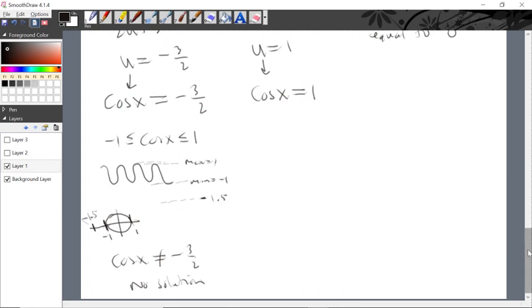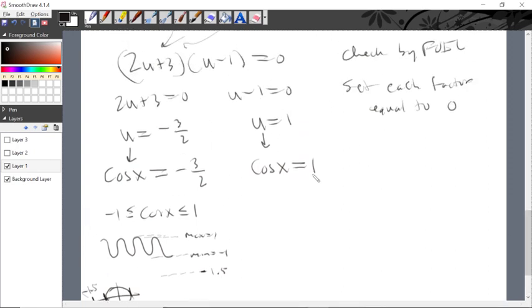Okay, so that leaves us with solving cosine of x is equal to 1. Using the geometry of the unit circle for this one, again, the cosine function is the x-coordinate of the terminal point in the unit circle. As we travel around the unit circle, where is the x-coordinate going to equal 1?